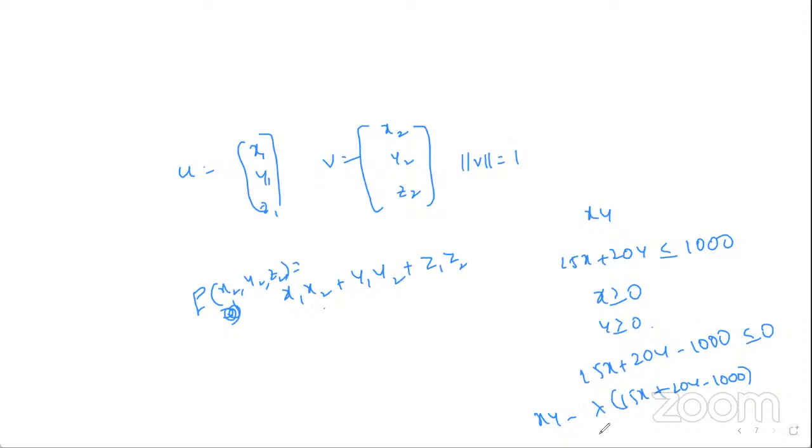I wrote this with a minus because we want to maximize this. Since 15x plus 20y minus 1000 is less than or equal to 0, if we take lambda as positive, the entire thing is going to be positive. So we take it as xy plus lambda into (15x plus 20y minus 1000).